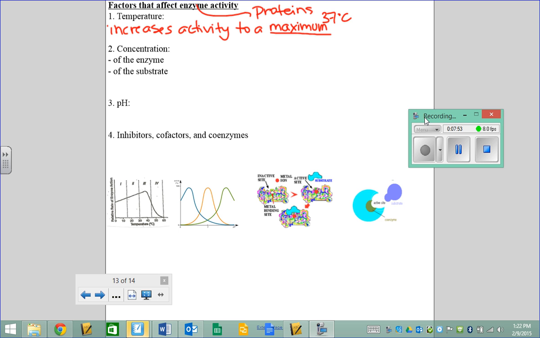And most of the enzymes that we're going to discuss are enzymes that you have personally in your human body. And so most enzymes that we're going to discuss function best at or around body temperature. So temperature will increase enzyme activity to a maximum.